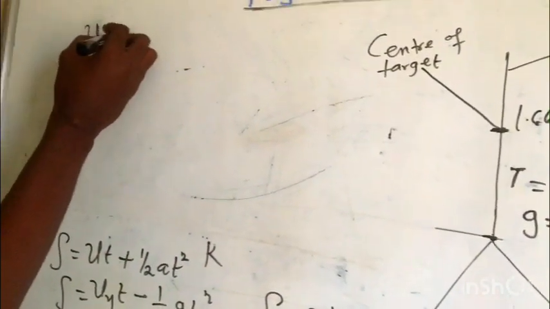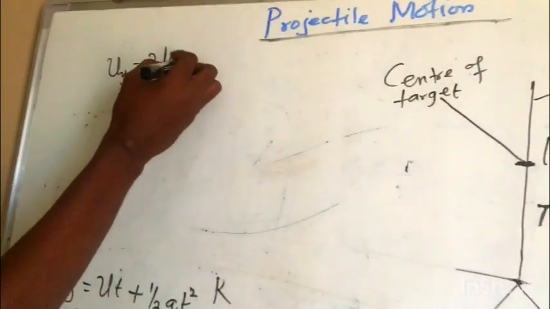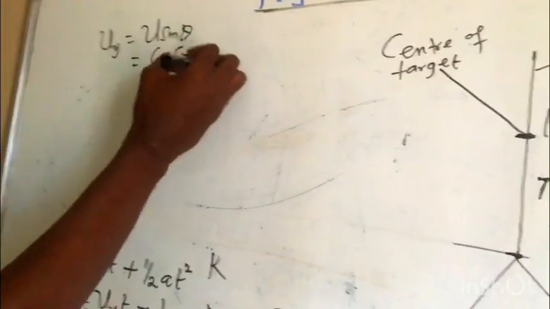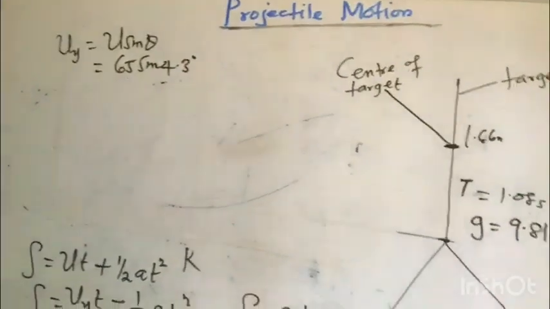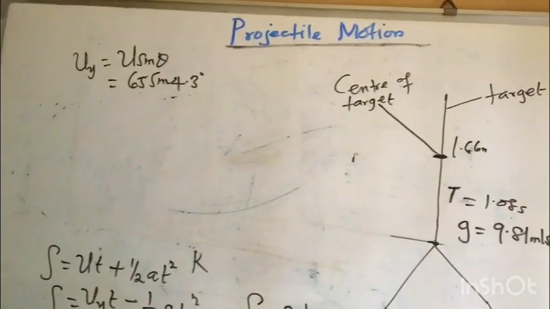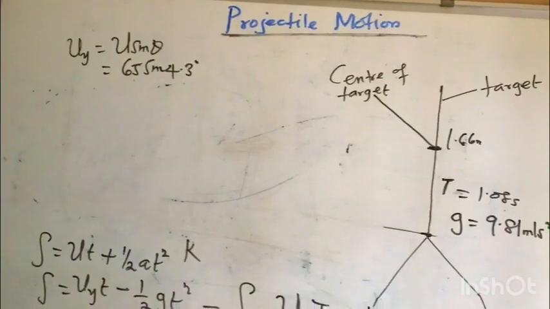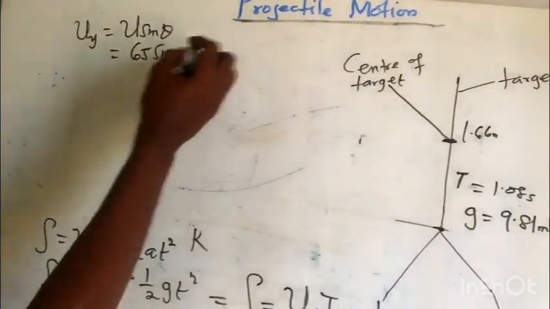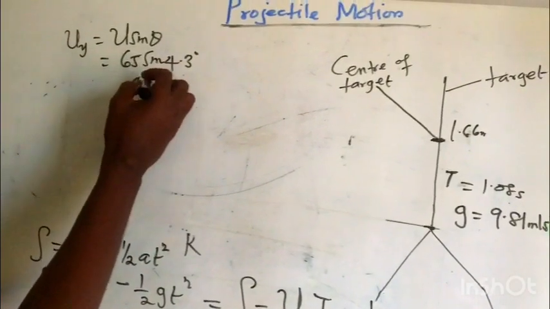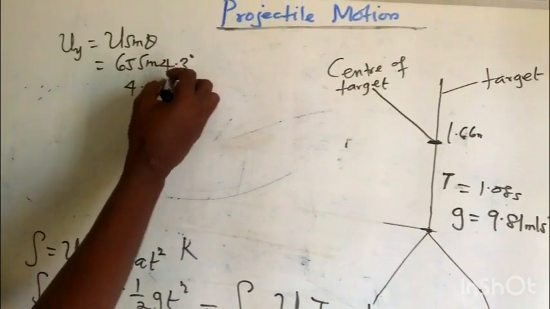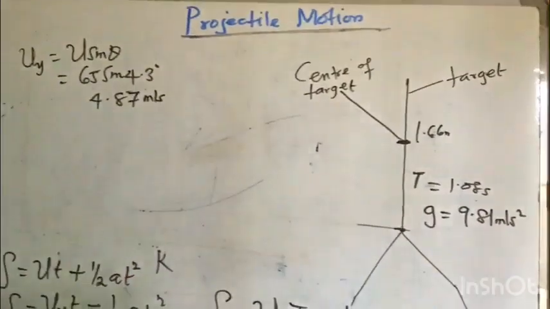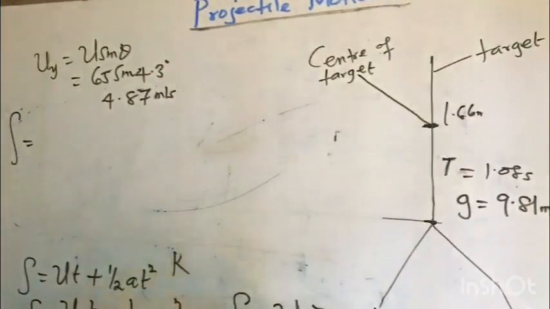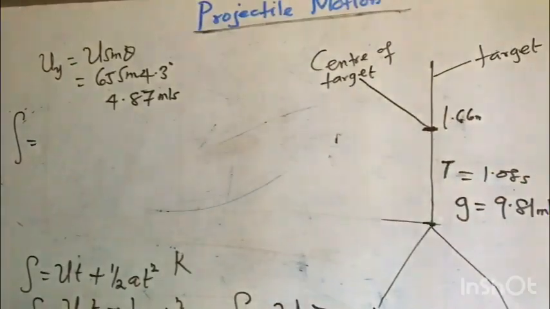Our uy equals u sine theta, and that will be 65 sine 4.3. If you punch that into our calculator, 65 sine 4.3 gives us 4.87 meters per second. Let's substitute it so that we know what this height will give us, and what we get here, we just subtract it.